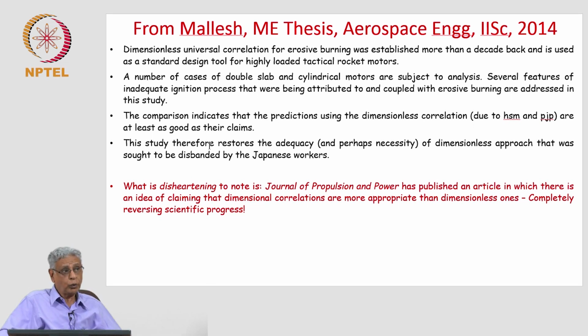And it is rather curious that the journal does not worry about the fact that you are discarding a dimensionless correlation and using a dimensional correlation. And so that is what I call very disheartening, to note that the review process has found that a dimensional correlation is more appropriate than a dimensionless correlation, and it is quite contrary to whatever engineering science tells you about the way real life is.